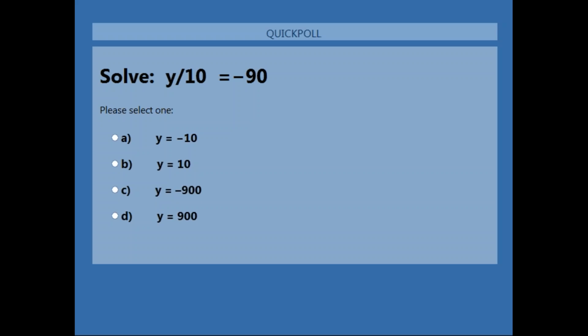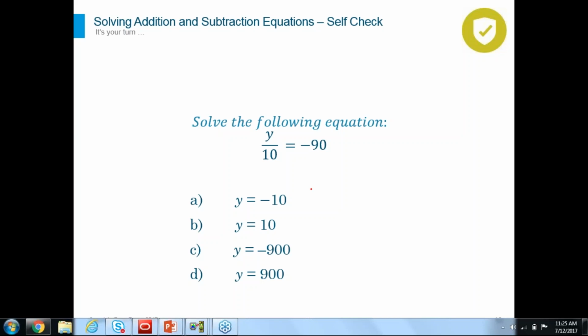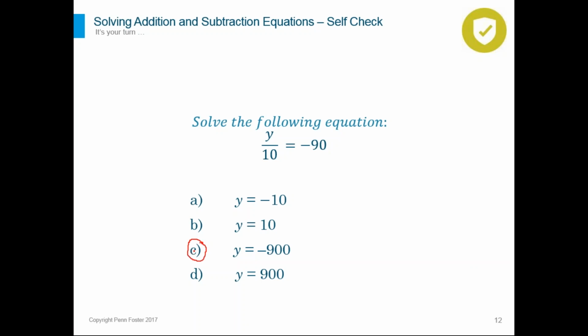Even if you have selected the incorrect answer, it's okay. Don't get discouraged. We're still learning. It's a learning curve. So it's not the end of the world if you have that question incorrect. So I'm going to share my final answer. So when you get the recording, you will know at least the final answer is negative 900. C. Next.